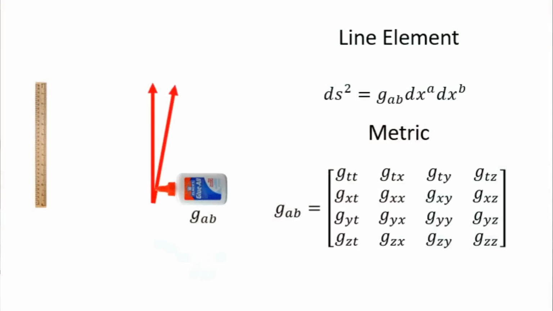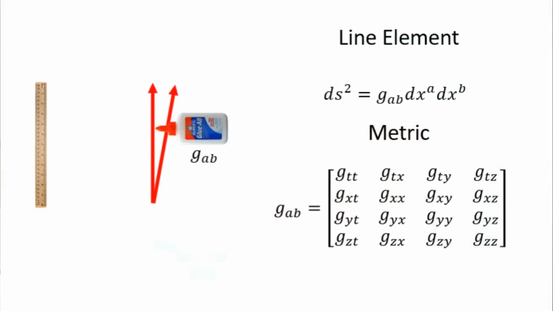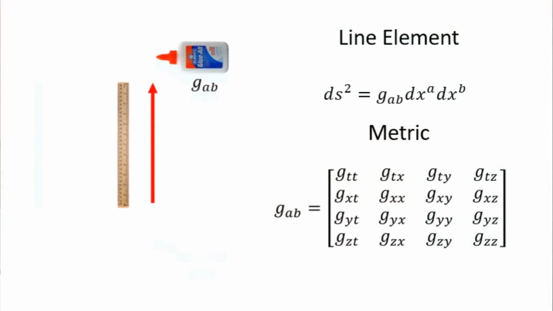And so we call this the line element. So you can think of the metric as a glue that takes these two vectors, combines them together to give us an absolute distance. Now, each observer is going to measure distances differently relative to the rest frame. So by combining them together, we can get what's called an absolute distance, which both observers must agree on.